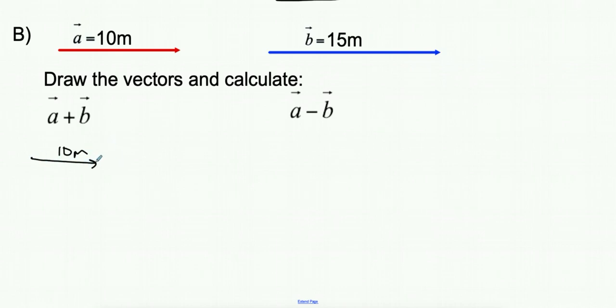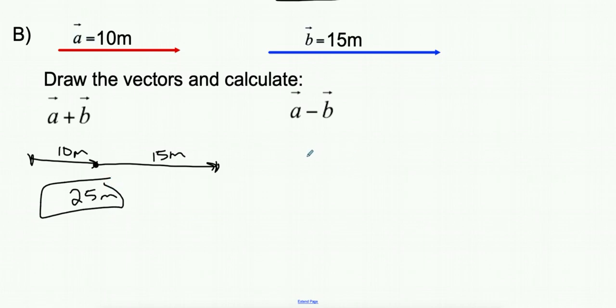This is the tip of the first one and the tail of the second one. So what's my total distance here? That's just 10 plus 15, so from here to here, that's 25 meters.